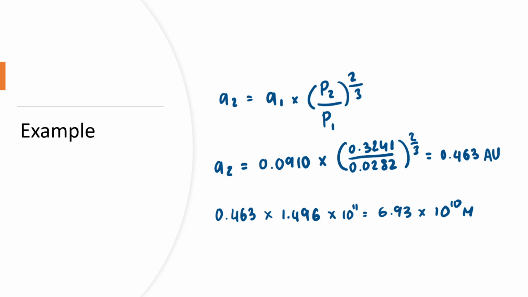So that's a known, and then I just plugged in all the other data, and I got 0.463 AU, right? And I multiplied it by 1.496 times 10 to the power 11, and then I got 6.93 times 10 to the power 10 meters, and that would be my semi-major in meters.